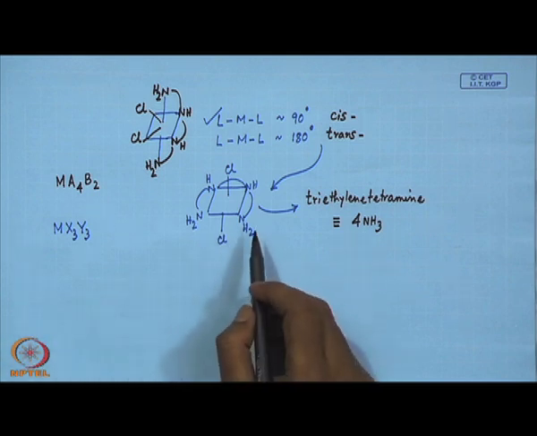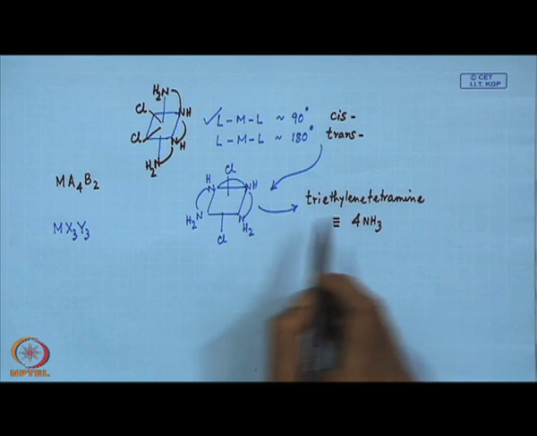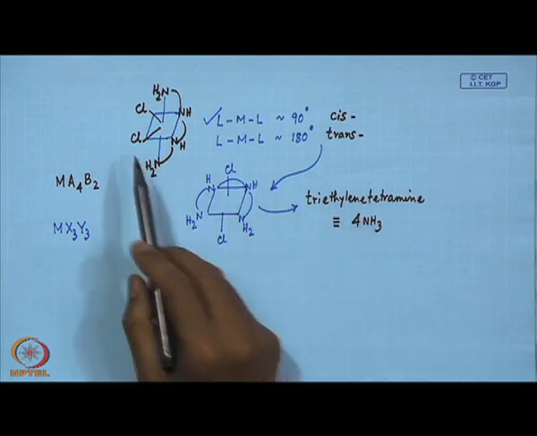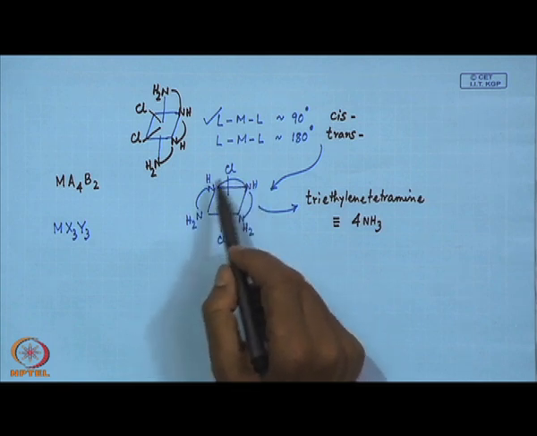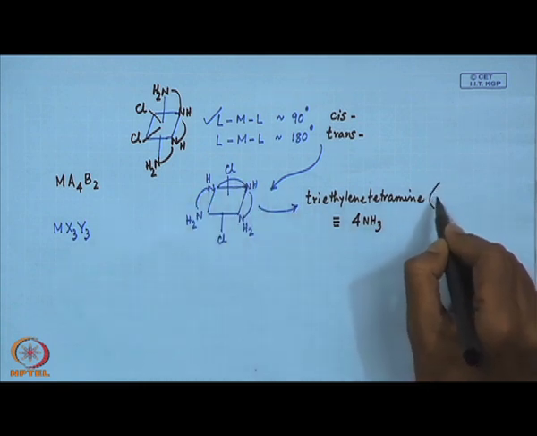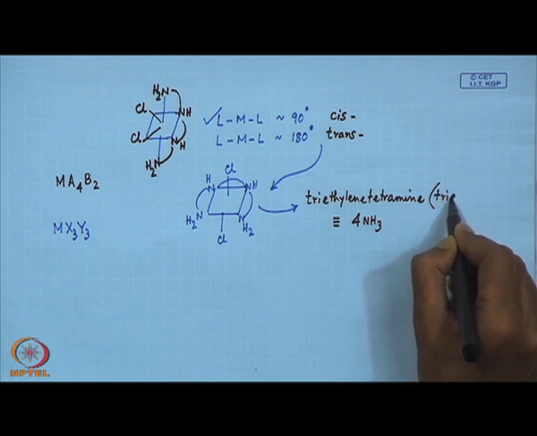So, in this particular case what we see is that we can have 4 ammonia molecules and 2 chlorines, or we can have 2 chlorine atoms and the chelating triethylenetetramine ligand, which is also known as trien.